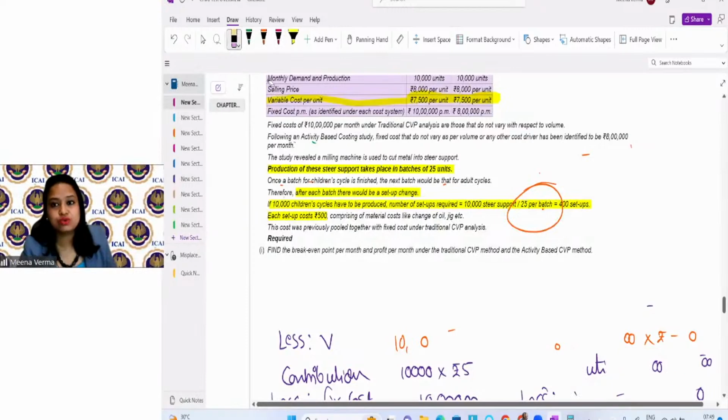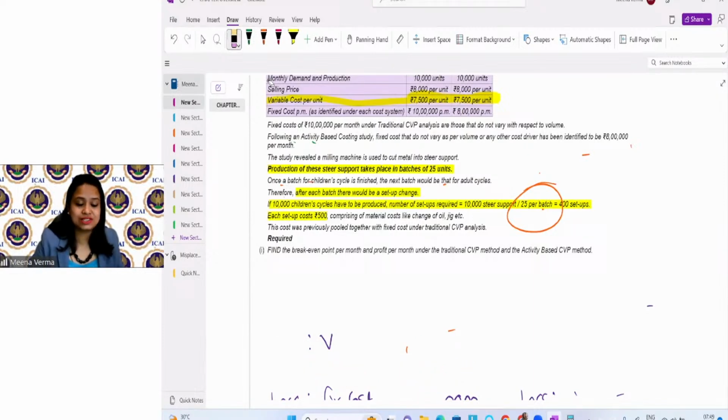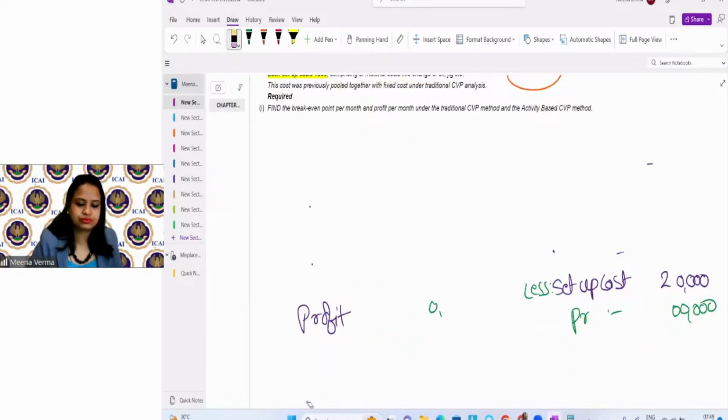Instead, we want to produce the goods one by one. So instead of producing the goods in batches, we focus on producing the goods one by one. All right.